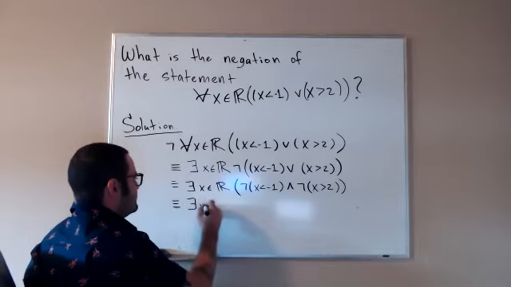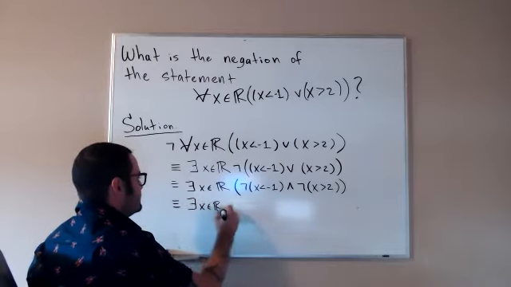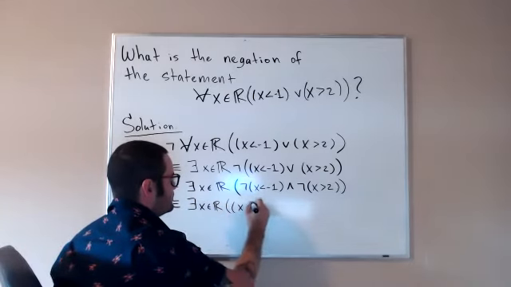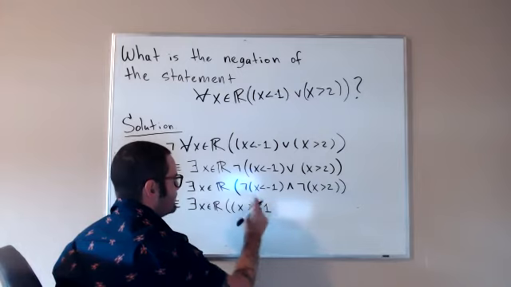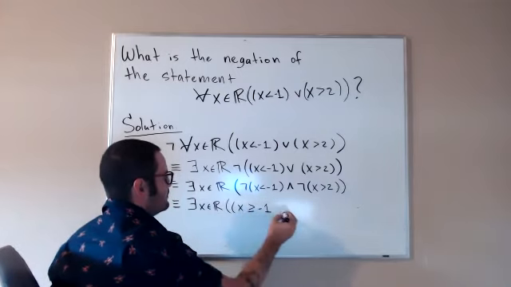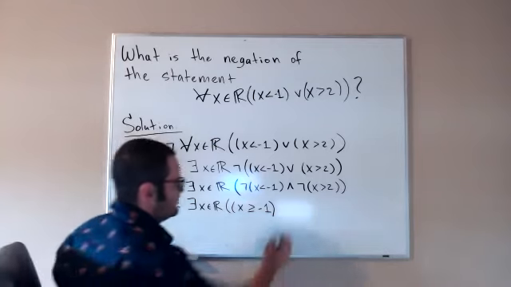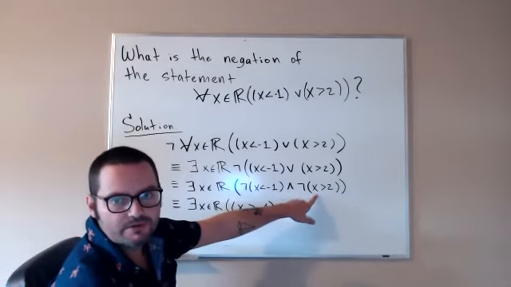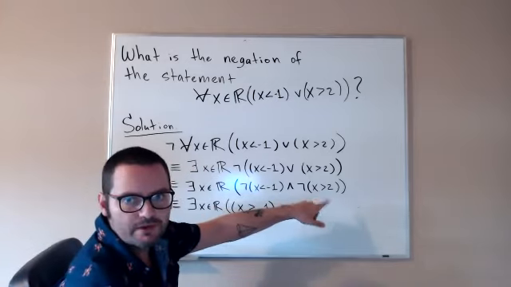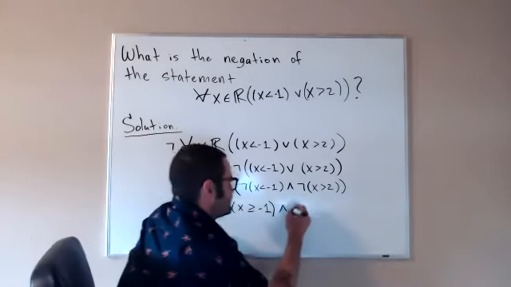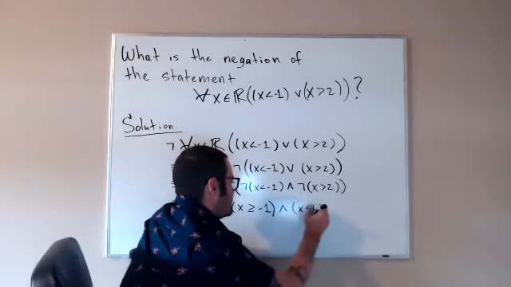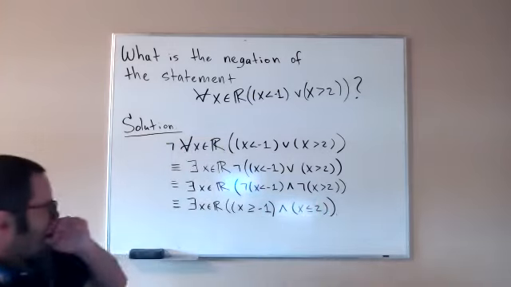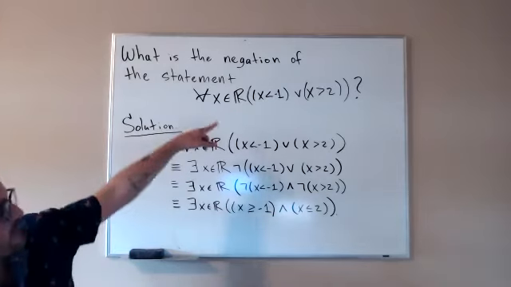So this first part becomes x greater than or equal to negative 1. That still becomes and. So if we negate x greater than 2, if x is not greater than 2, it is less than or equal to 2. So this is the full negated form of that statement.